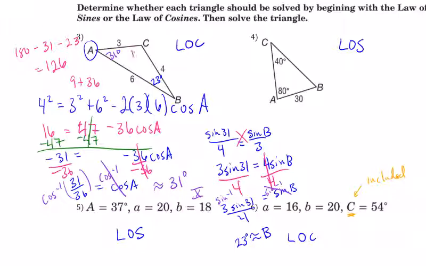So now we have everything. We solved this triangle. So we used law of cosines first, then we used law of sines. And after you find the first thing, once you have 4 parts, you can usually choose between law of sines or law of cosines.